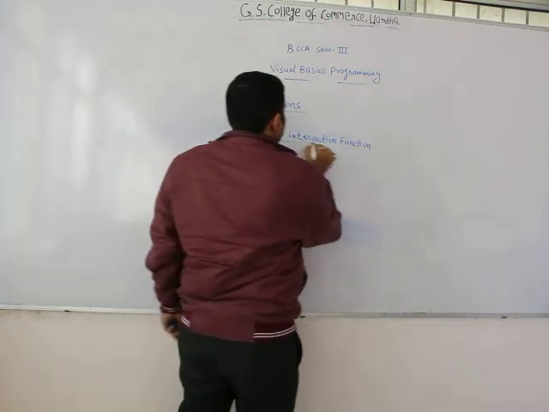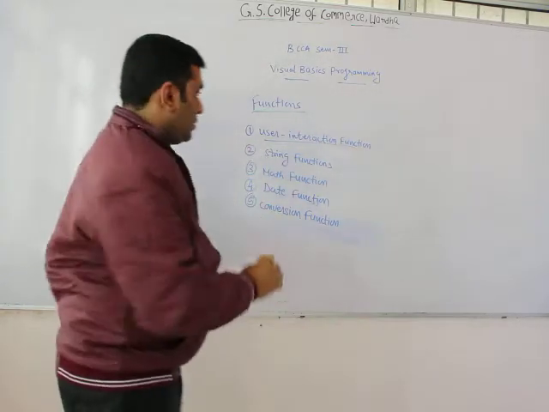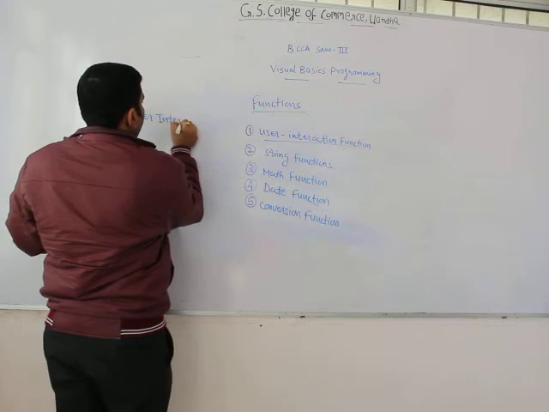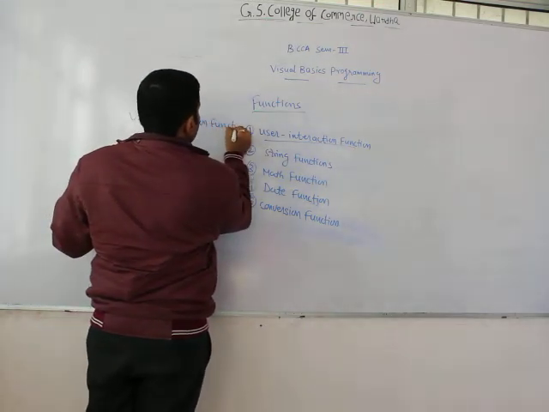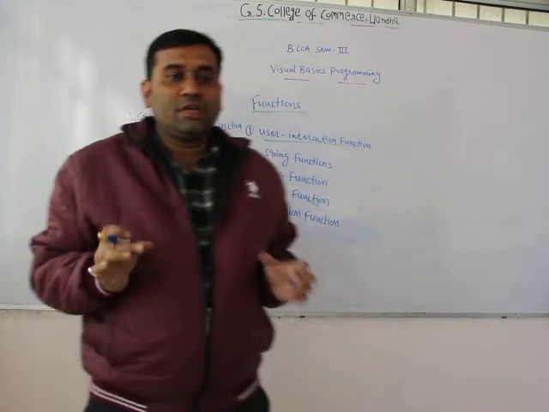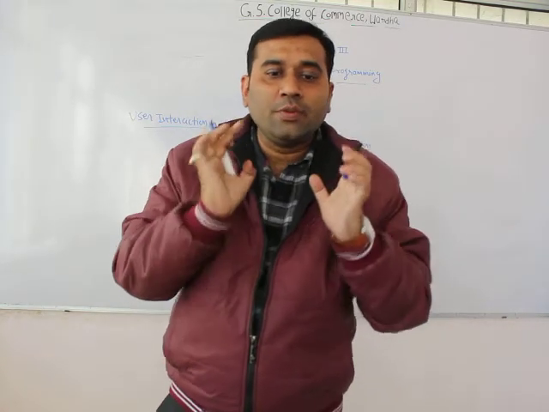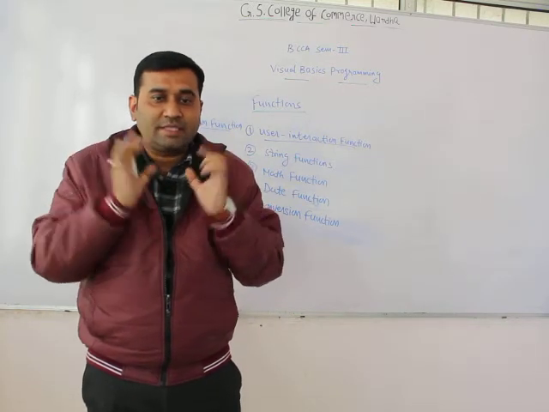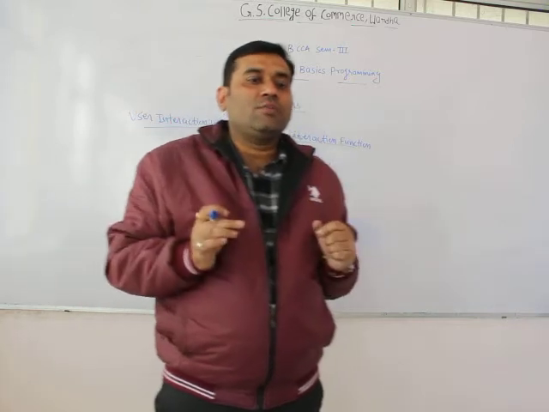First is the user interaction function. In Visual Basic, you can interact with the user with the input box and the message box, meaning MsgBox. These functions display dialog boxes.